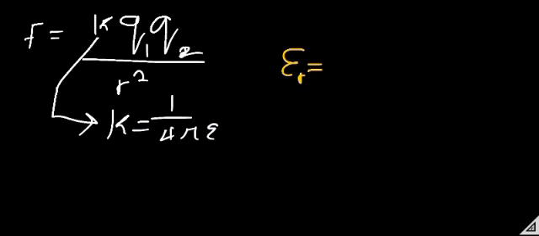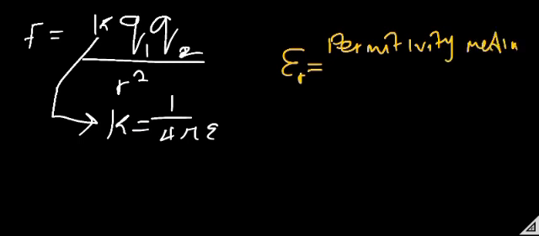Relative permittivity is equal to the permittivity of the medium over the permittivity of free space.